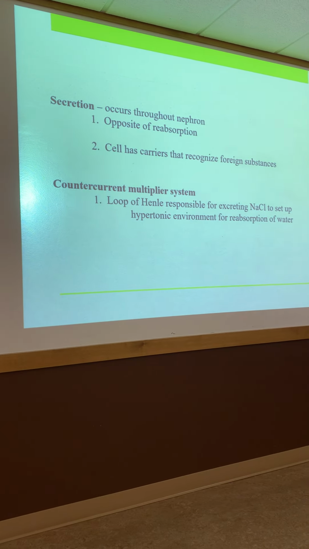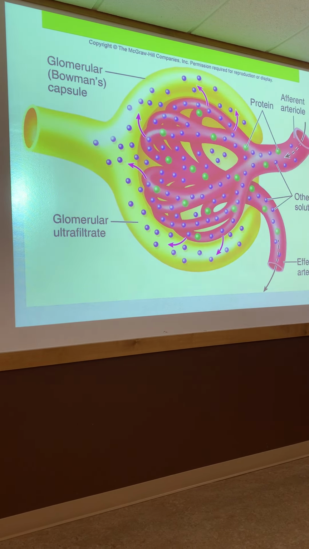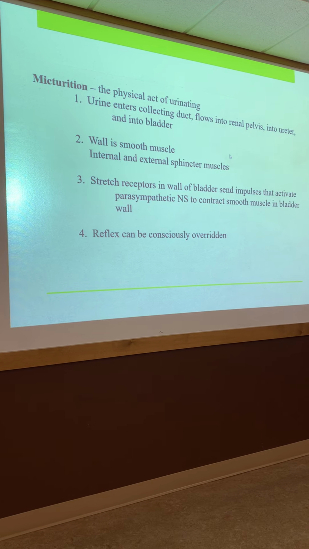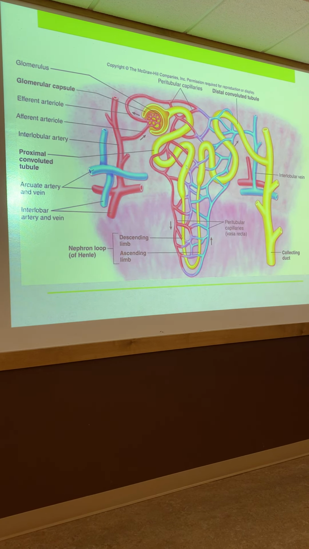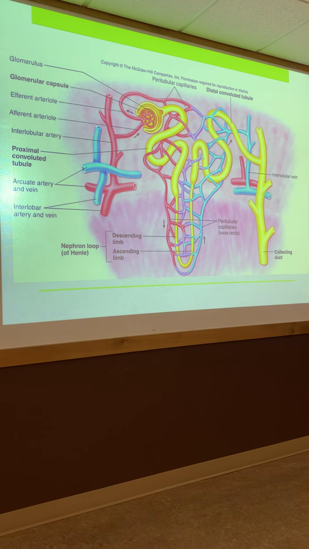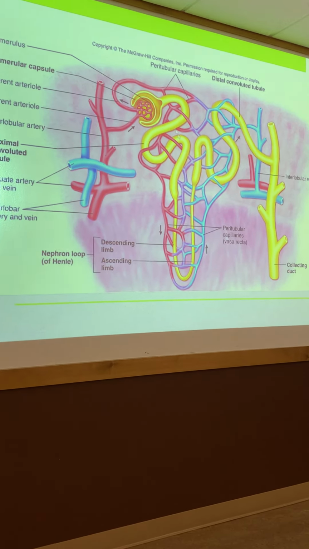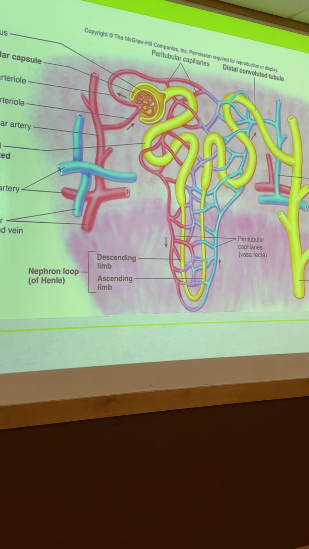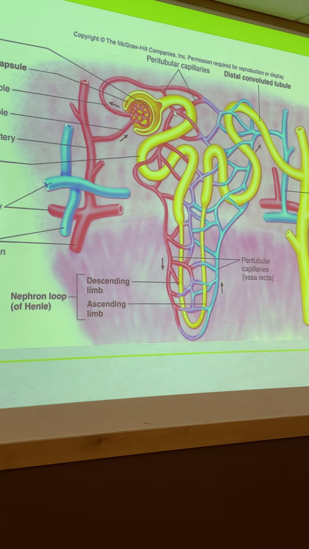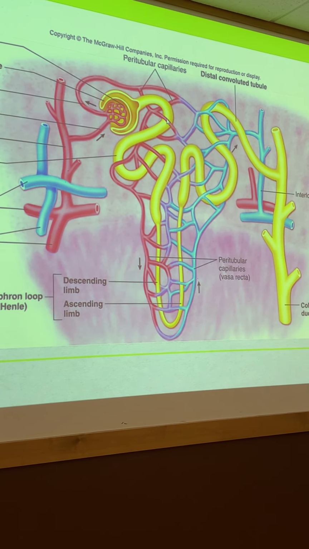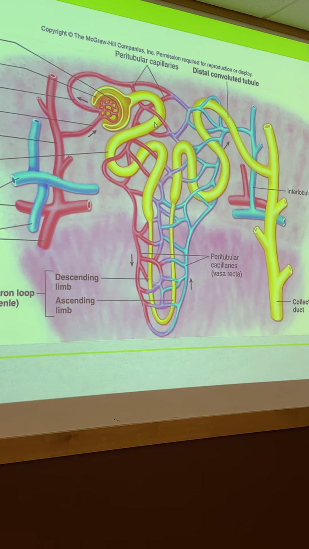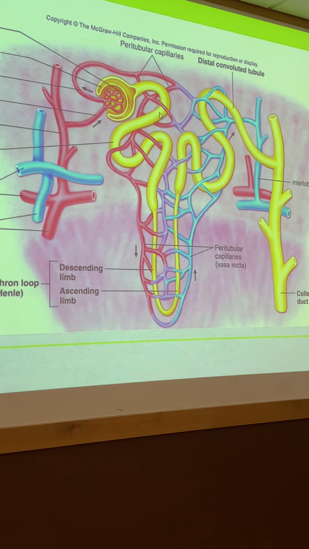Throughout the tubule, we also secrete bad things back into the tubule. And we're not going to go into the details of this, but secretion means we're going to go from the blood back to the tubule. So not only can we get the bad stuff out through the glomerulus, we can also send it from the blood into the tubule in an opposite mechanism.